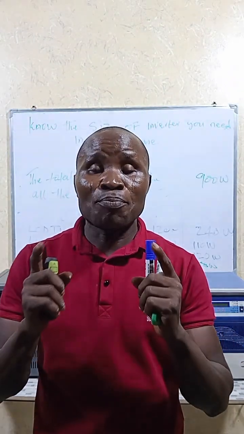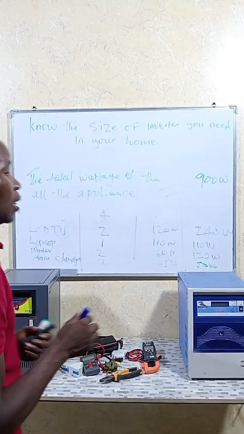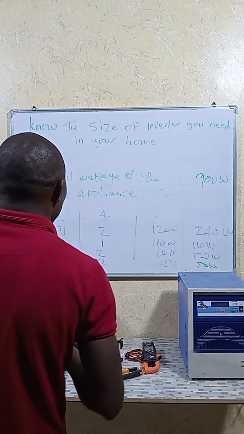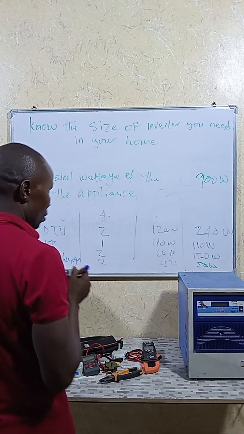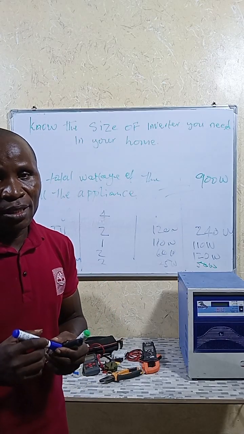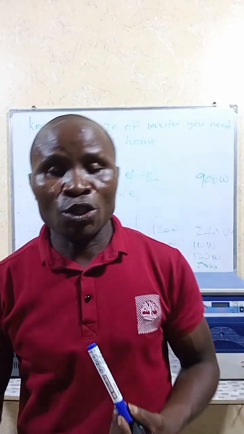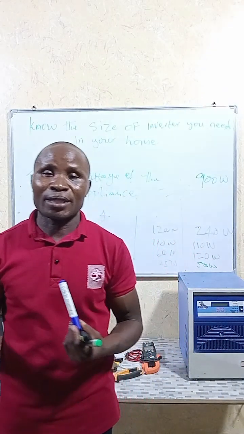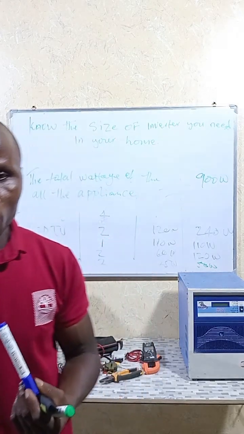Now, another important thing you need to consider after you have the total is the power factor. Mind you, the power factor of most electronics is usually less than 1. You can choose 0.9, you can choose 0.8. The higher the power factor the better, but not up to 1.